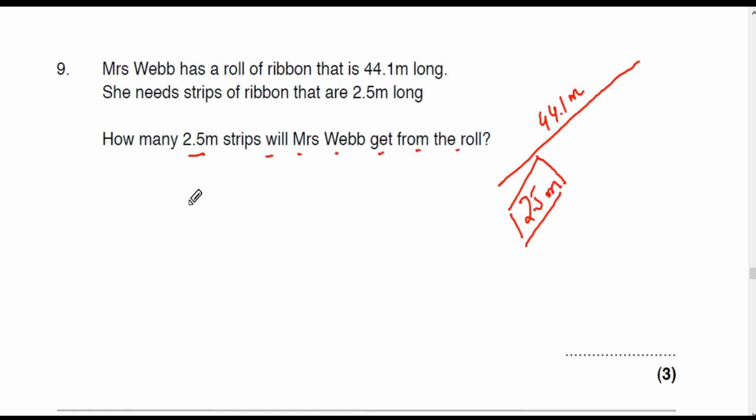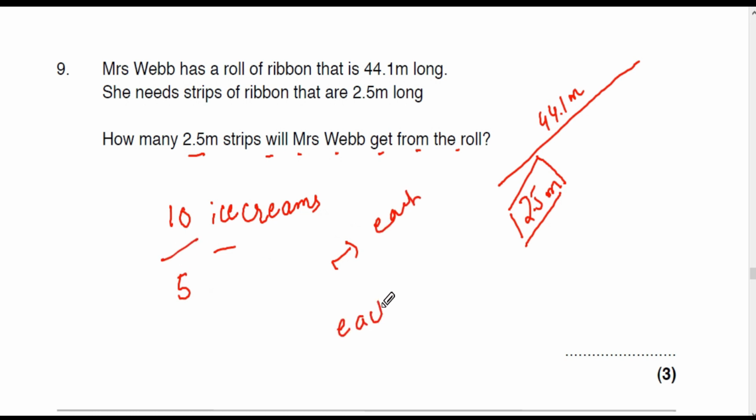If you have, for example, 10 ice creams and there are 5 people to eat, how many will each have? So when you need to find each, you always divide, and when you are given each and you need to find more, you multiply.